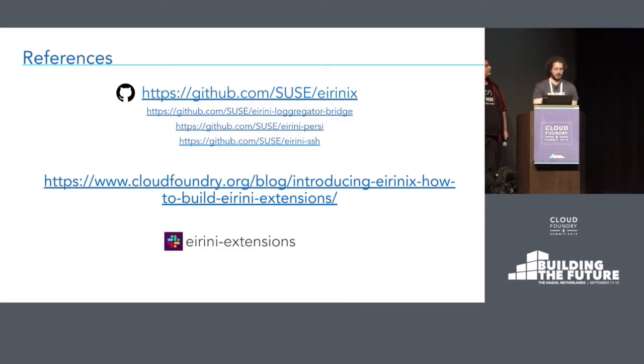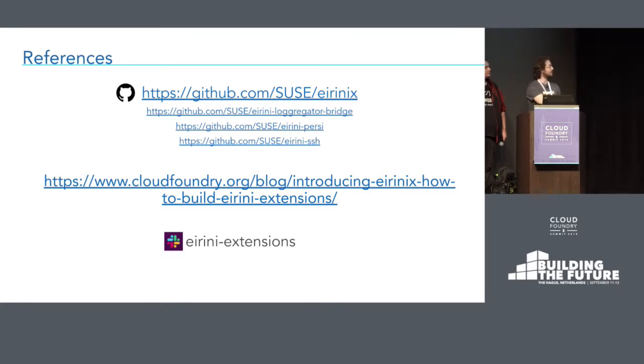And that's it. If you have suggestions or want to open issues, these are the EiriniX repositories, and there are also the three repositories of the use cases that we just showed today. And this is the blog post, which you can find on cloudfoundry.org.